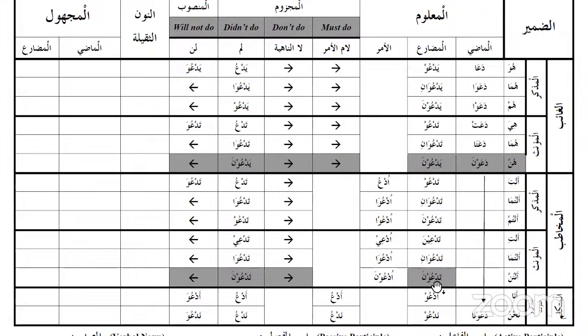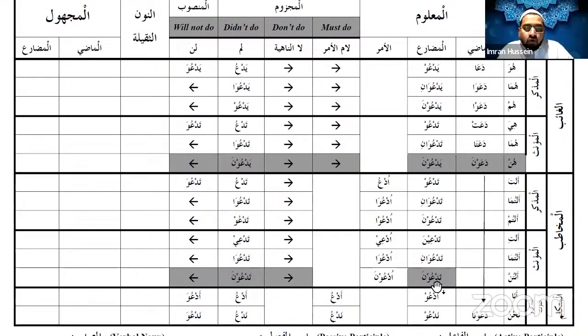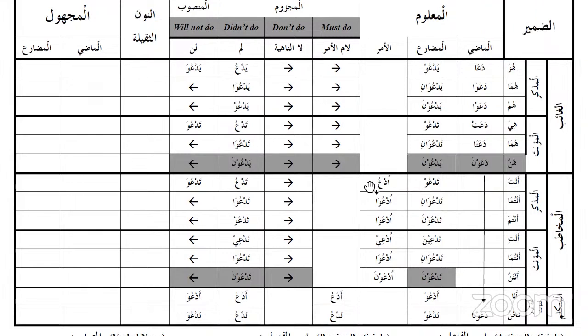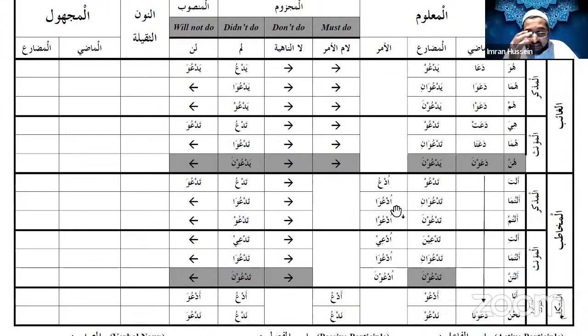Now the amr of Nasara Yansuru was unsur. Exactly, unsur. Now when we do yad'u, we said unsur, the last letter had a sukoon. Unsur, ra had a sukoon. Now remember this. This is something new which you will come across now.